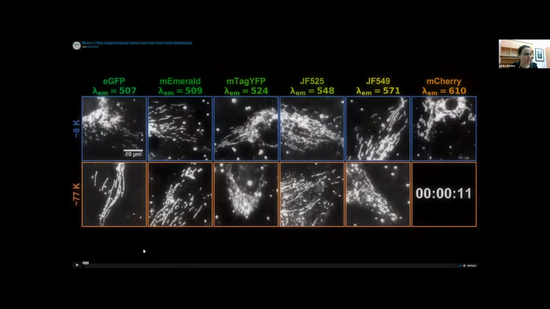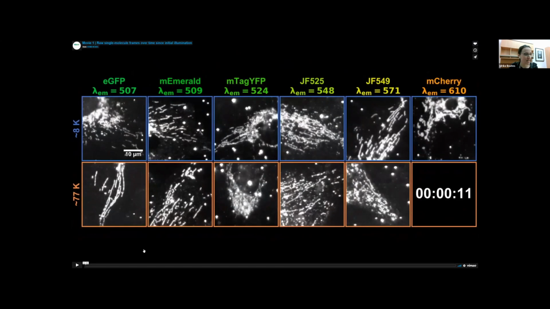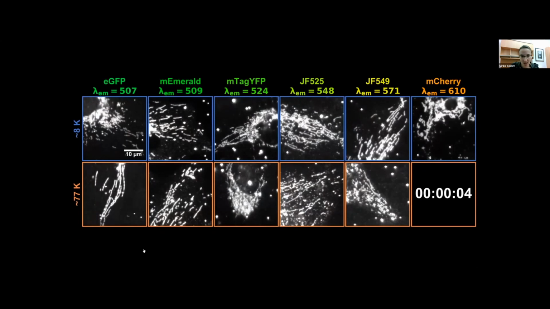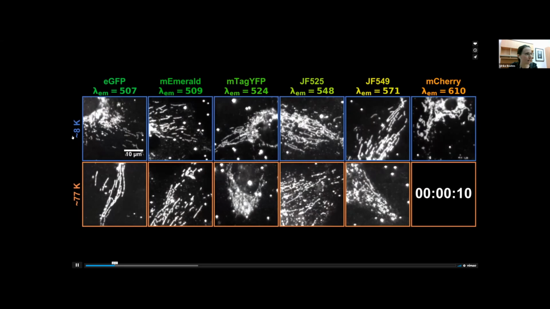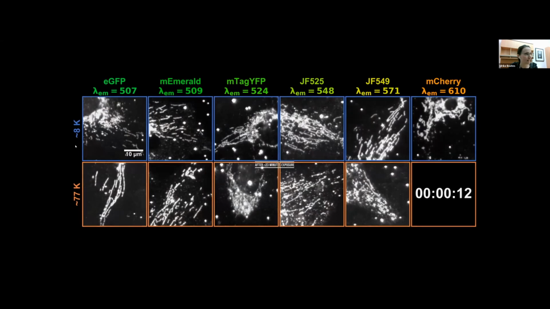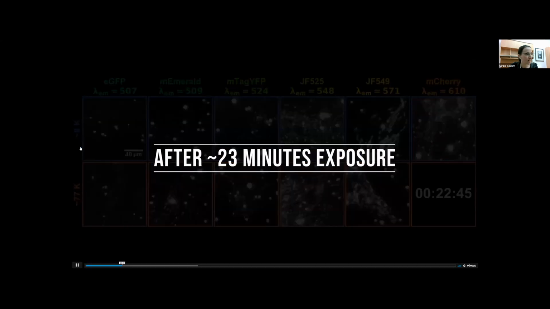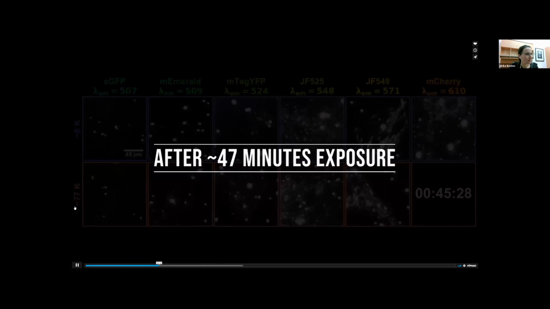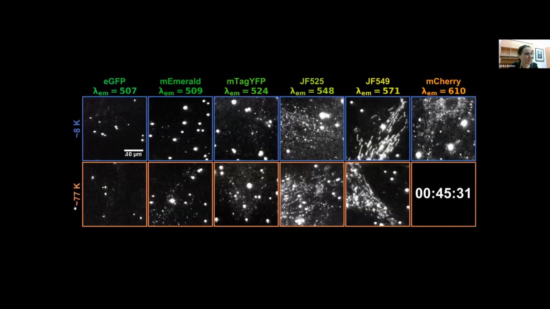I hope my computer does not crash anymore. What you see here are two rows: the top row shows measurements under cryo-helium conditions, and the lower row shows single molecule localization measurements under liquid nitrogen conditions.